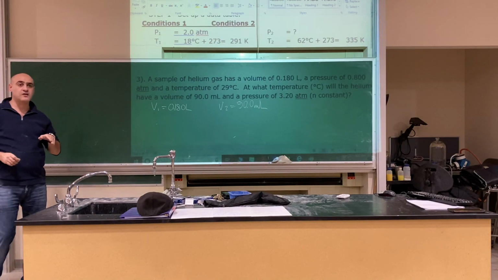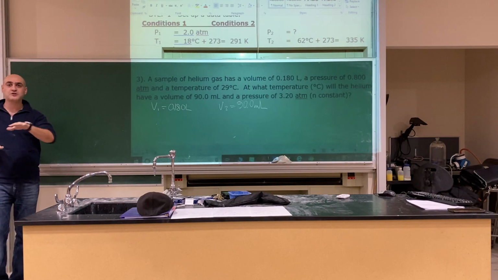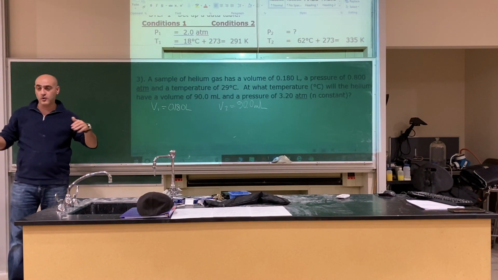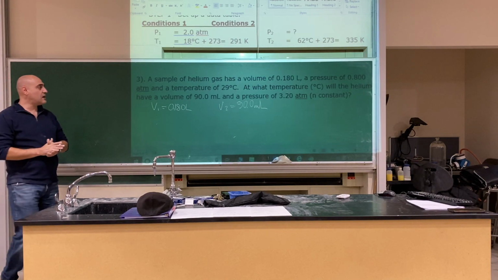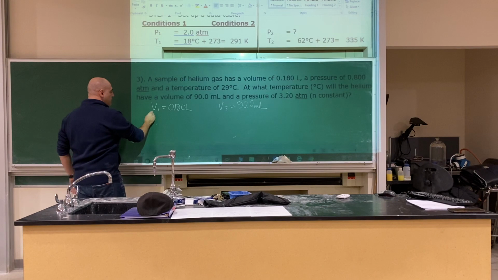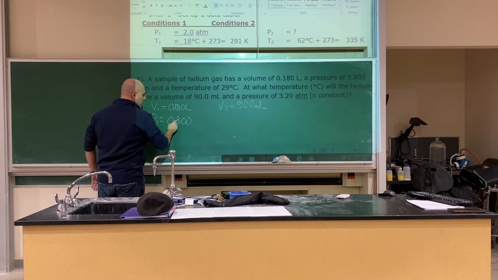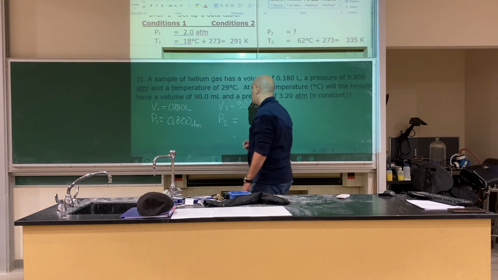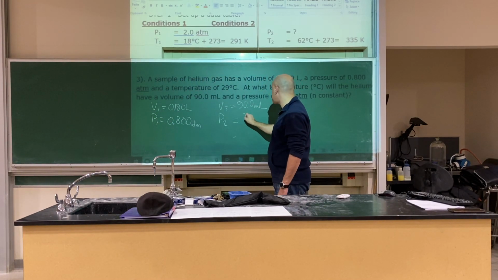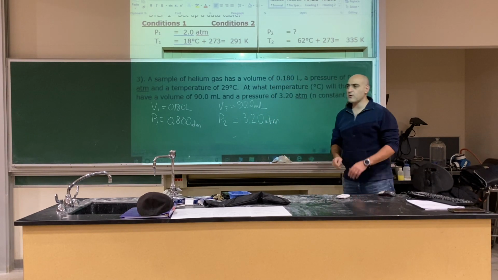That's all it takes, right? So reading the question, sometimes it's hard to see that, especially the way this is worded in this case. What else do I have as 1 and 2? I have my pressure as 0.180 atmospheres, and I have another pressure value that's given to me as the second pressure, 3.0 atmospheres. Are we okay with what I'm saying?